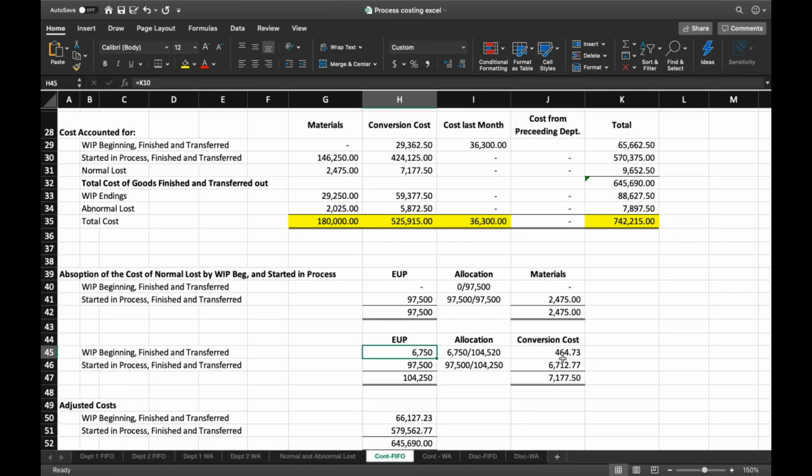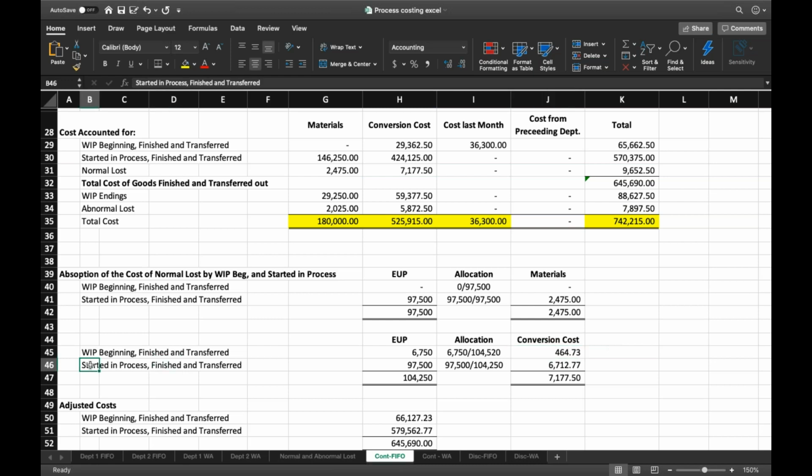And how to compute for the share, ang gagawin mo lang, yung cost ng normal loss, which is in terms of conversion cost, 7,177.50 times 6,750 divide by 104,250. Ito yung allocation formula natin. Okay, 6,750 over 104,250 times 7,177.50. Ang share ng beginning work in process natin is 464.73.